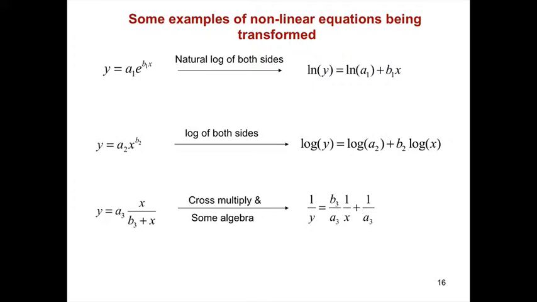And I know that when I have a power, it comes down as a multiplier, so this is equal to b2 log x. Do we agree? Yes? We're trying to get here. And can you now recognize a linear relationship? And what is this linear relationship between?